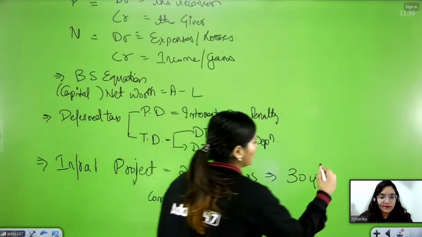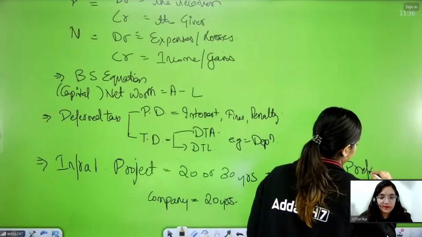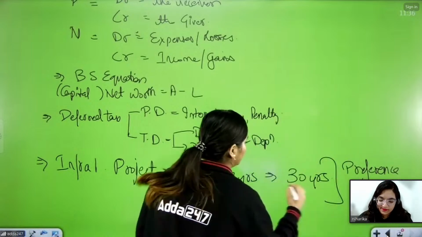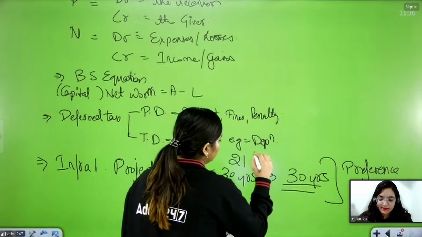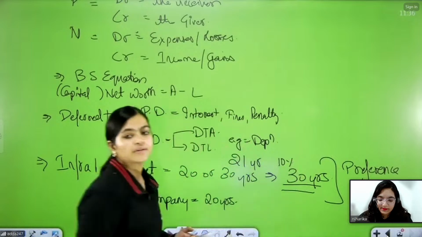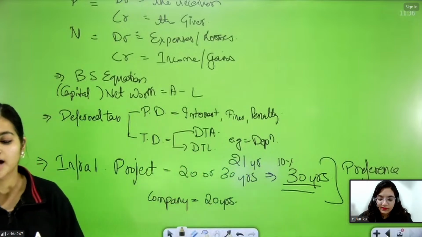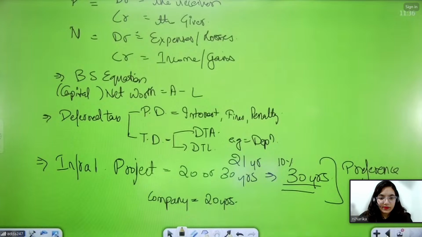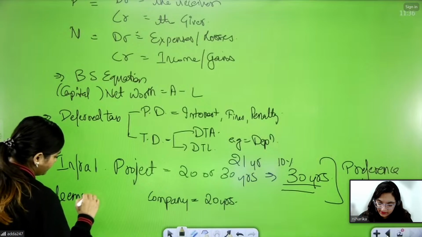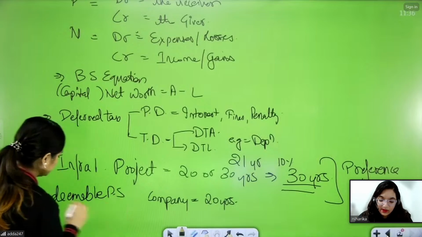This question is from your preference shares. But remember, in these 30 years, you need to start redeeming from the 21st year at least 10%. In our country, we cannot issue irredeemable preference shares.